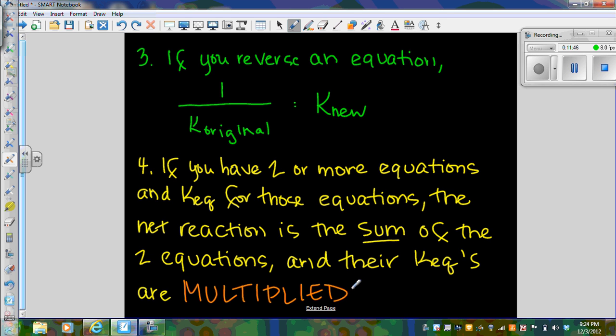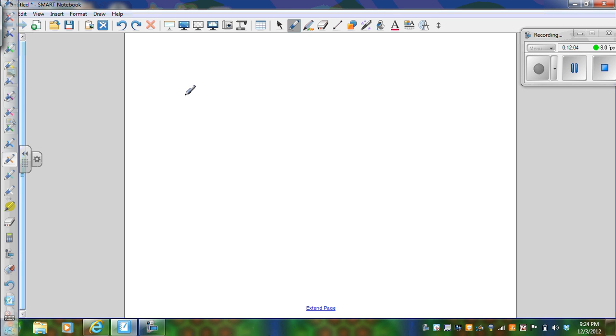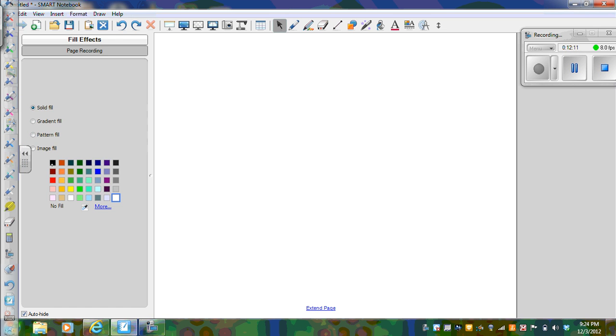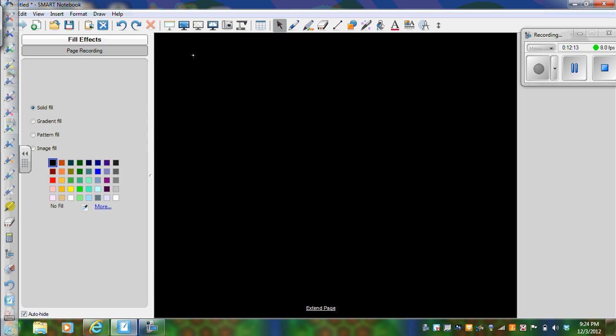So if I have two reactions, I'm adding them together, and I have equilibrium constants for each of those. I'm going to take those two constants and I'm going to multiply them together. So let me do a quick example of this. Sorry, I'm going to change the background. All right, so let's say I have HF in aqueous solution.